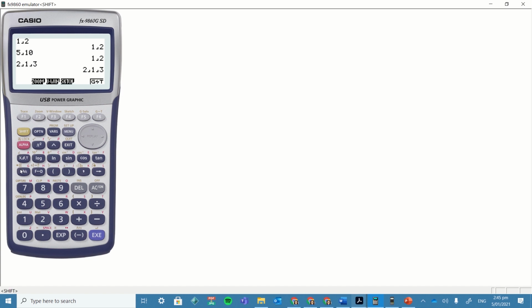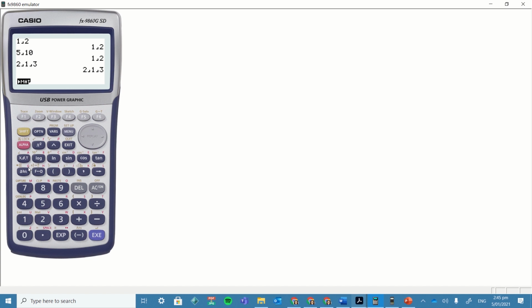Now they also have a form here. I'm going to delete that. If I want to turn that fraction into a decimal, then I've got this F to D button, F for fraction, D for decimal.